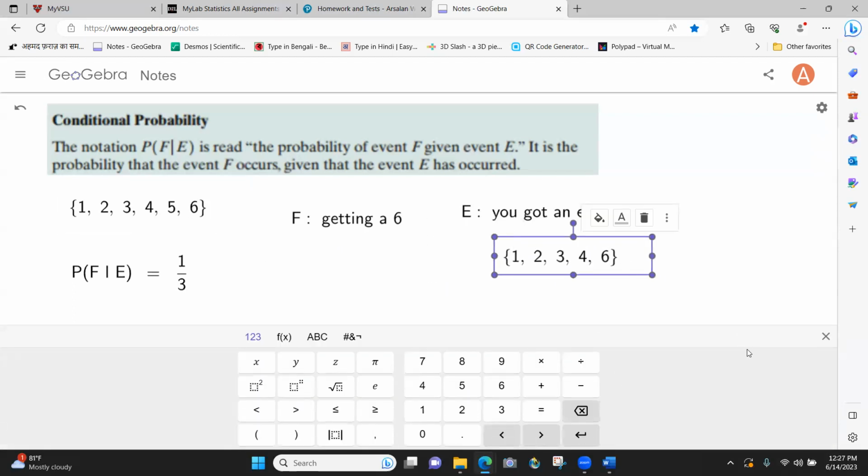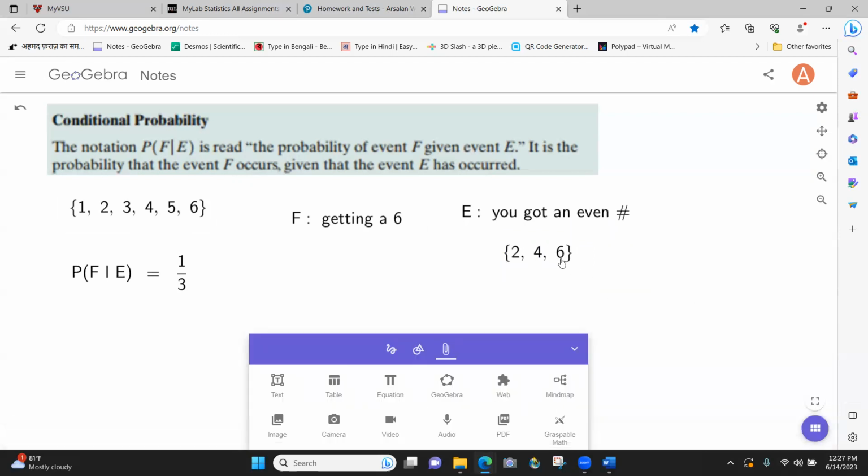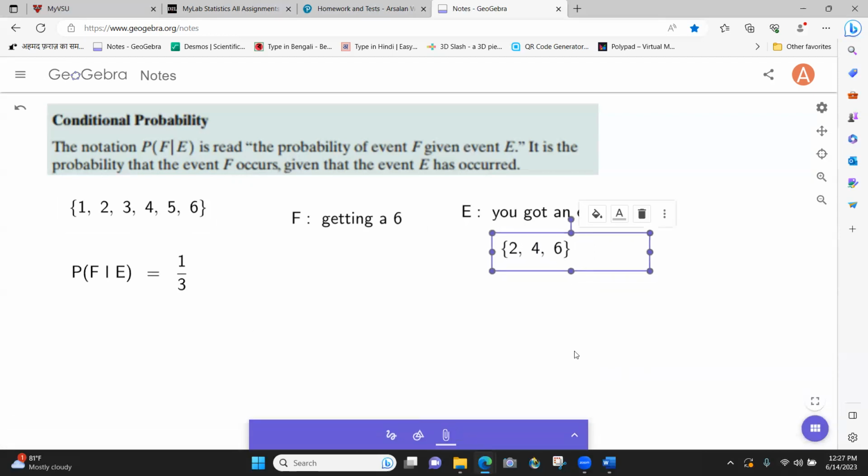When I say you got an even number, I'm only talking about these. So my sample space shrunk. And my new probability of F given E, or the probability of getting a 6 given that you already got an even number, is one third.